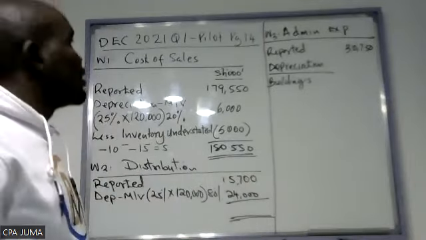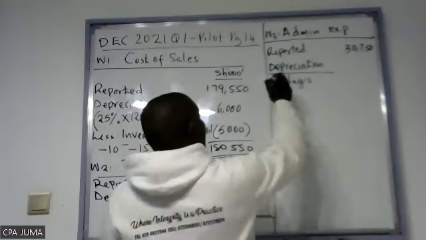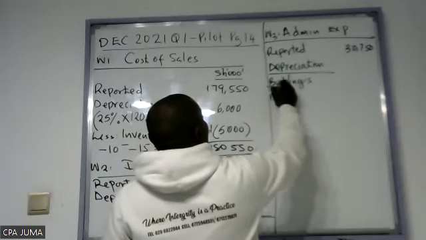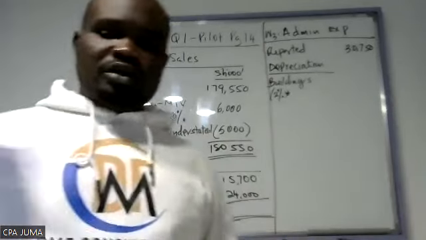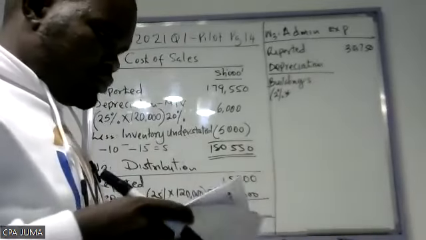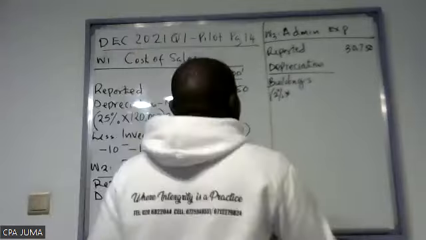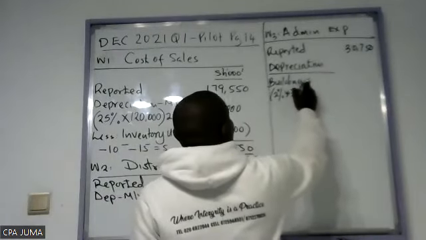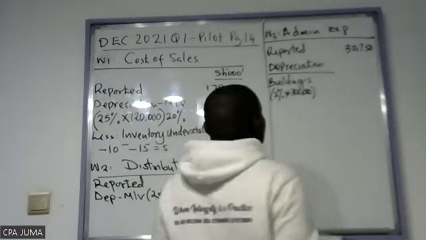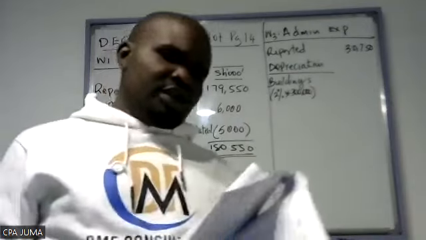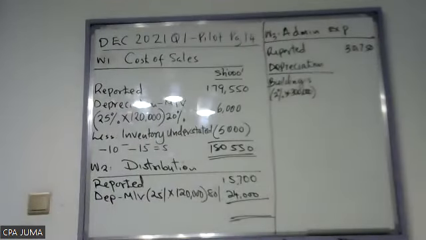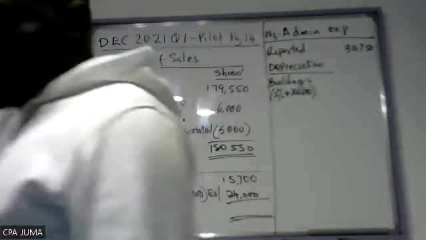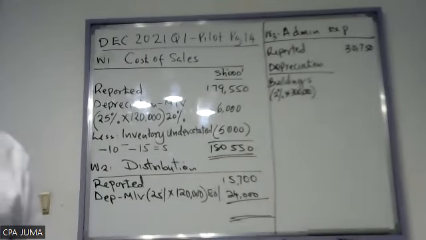Buildings 2% at cost, so times 300. So give me 2% times 3. What do you get? $6,000.